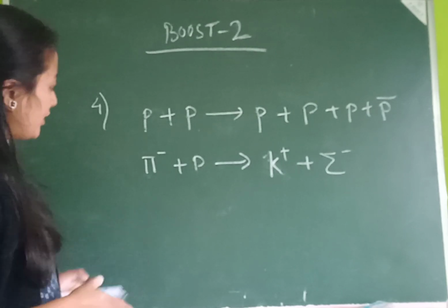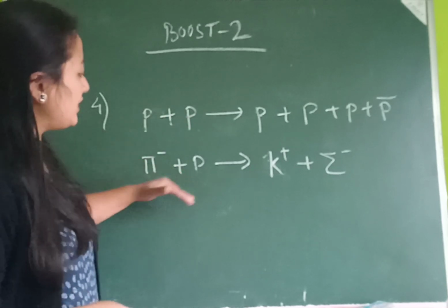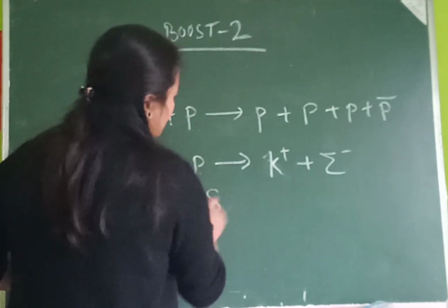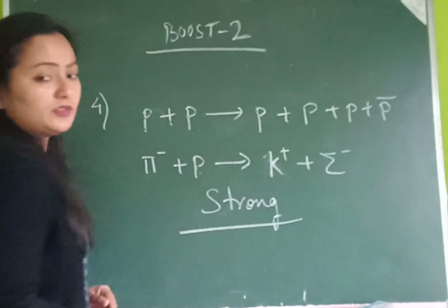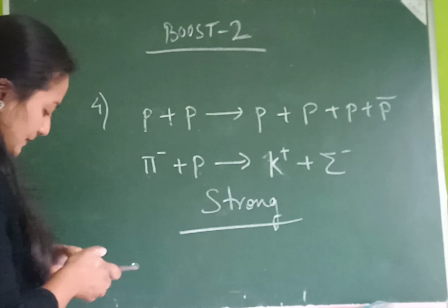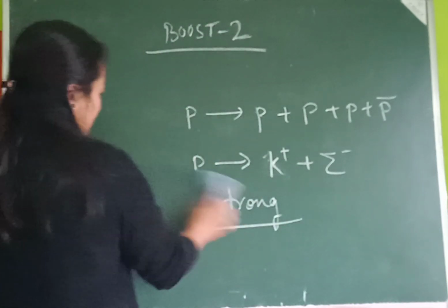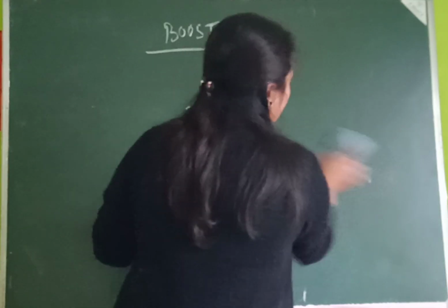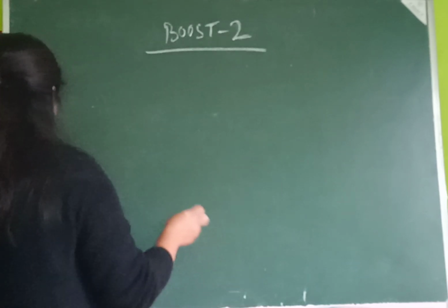So whenever you have nucleon-nucleon and nucleon-meson interactions, the interaction is a strong interaction. Okay. Now let us move into the 5th question. So both the interactions in this question were strong interactions.